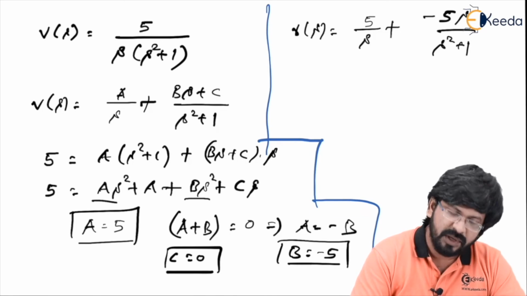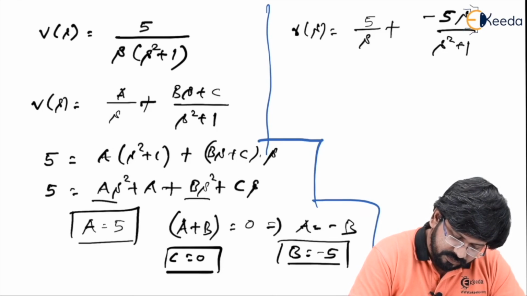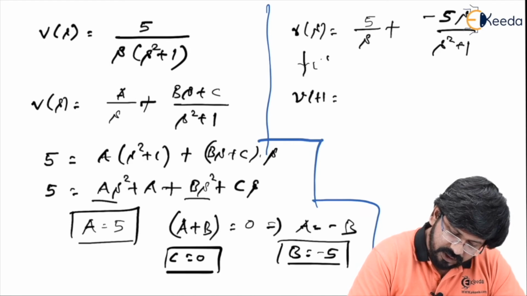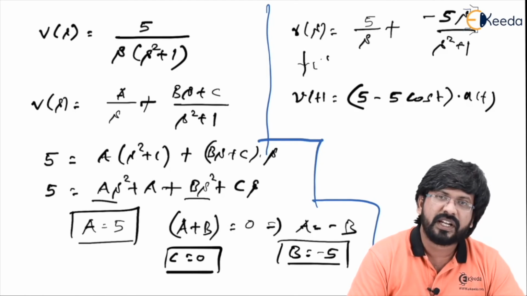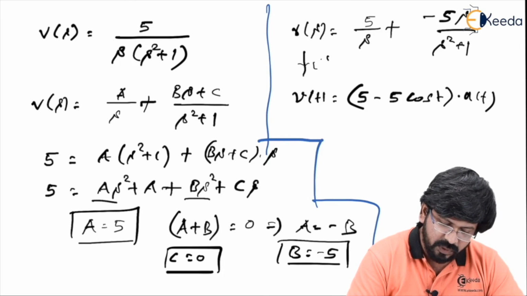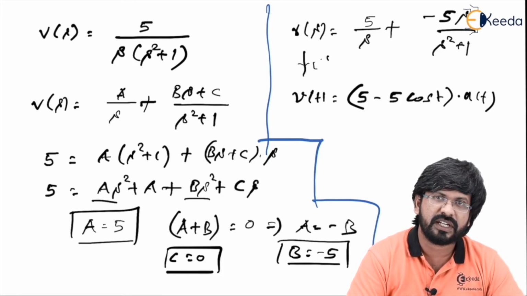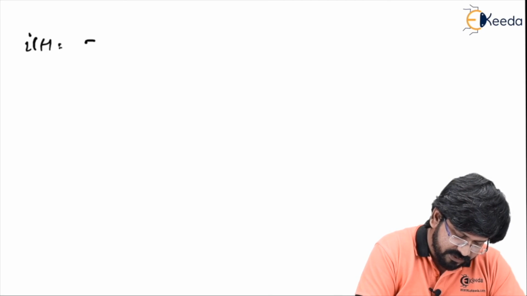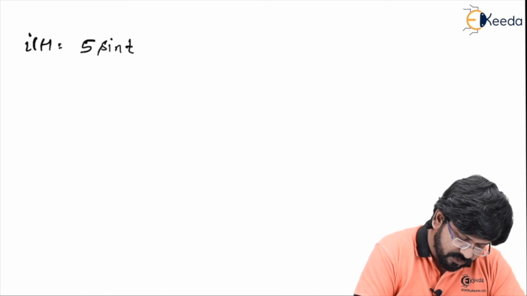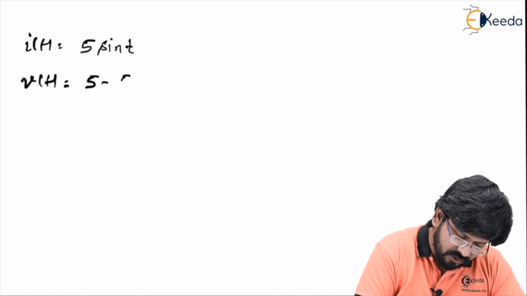Now if you take inverse Laplace of it, V(t) is 5 minus 5 cos t into u(t), of course. So now the values of V(t) and I(t) are known to us. Let's write them together and then we'll see what is the variation in them. The value of I(t) we had as 5 sin t, and the value of V(t) is 5 minus 5 cos t.